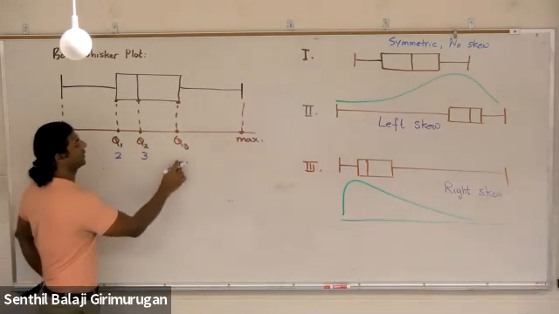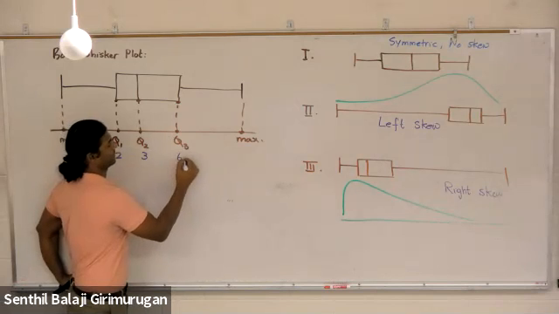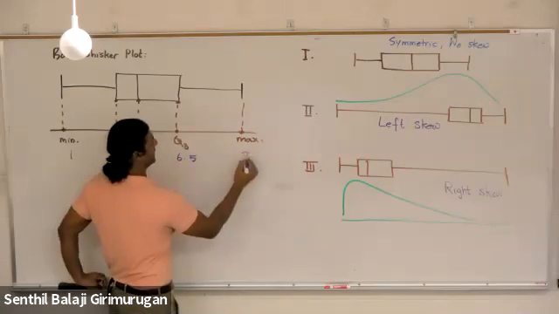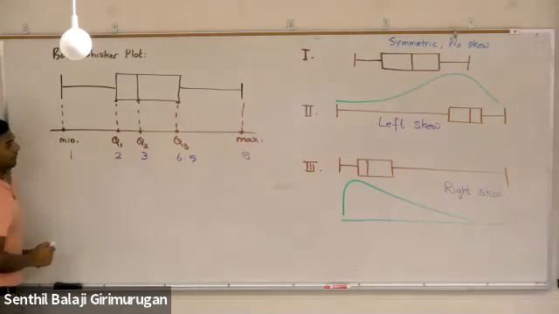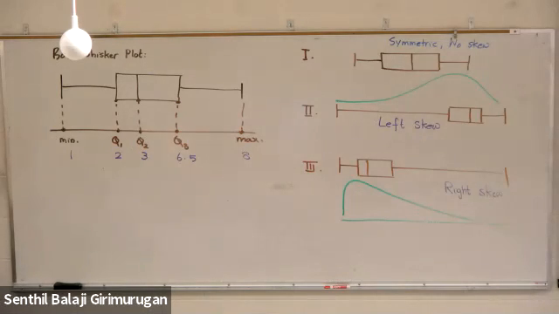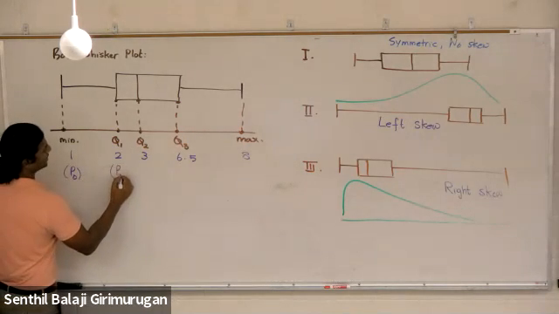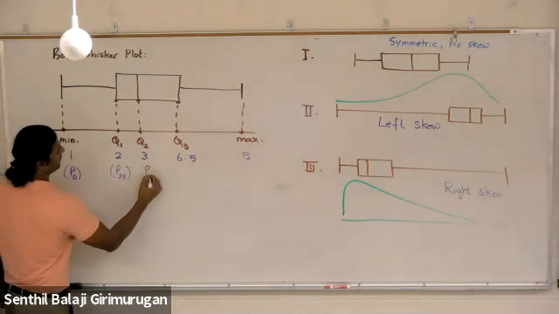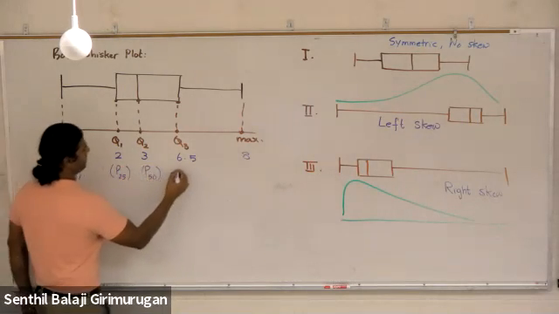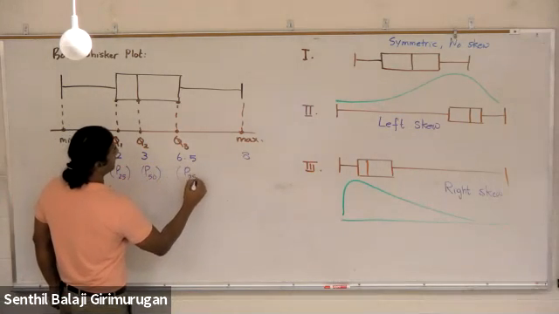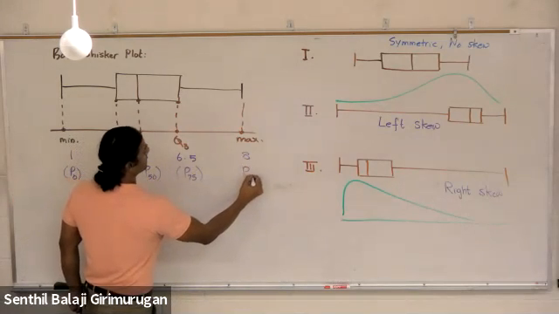Q3? 6.5. Maximum? 8. Good. Now, we know that this is P0, P25, P50, P75, P100.